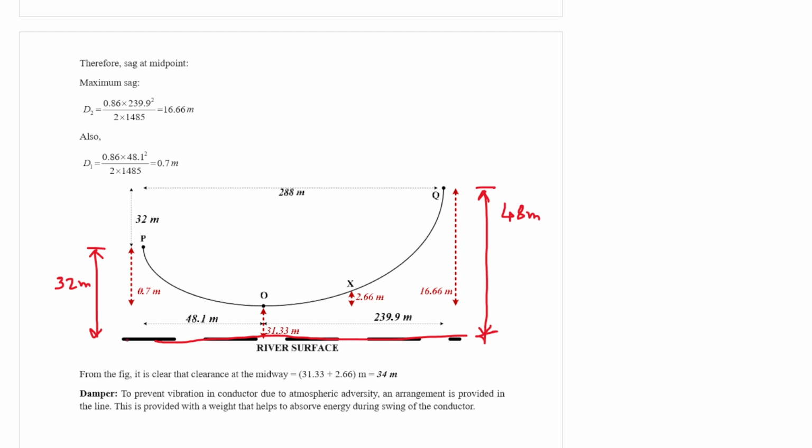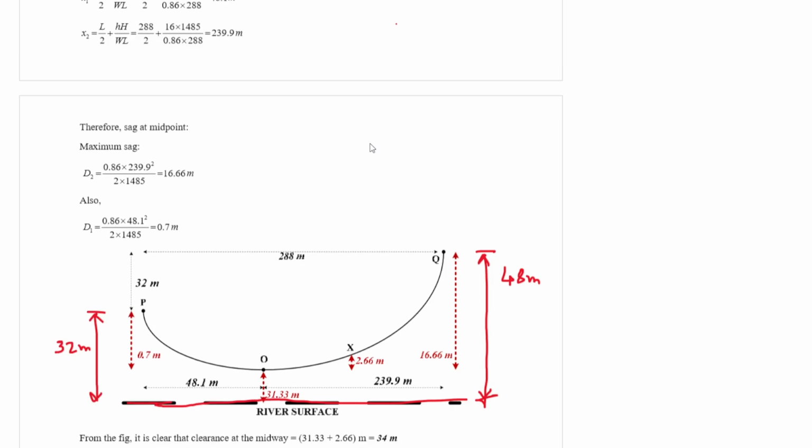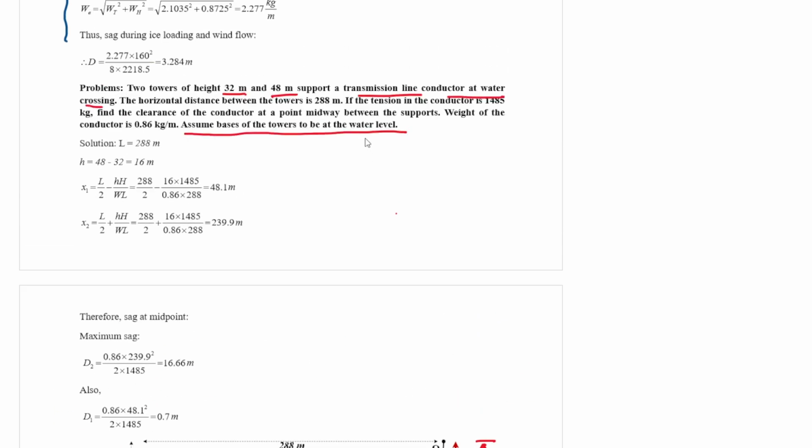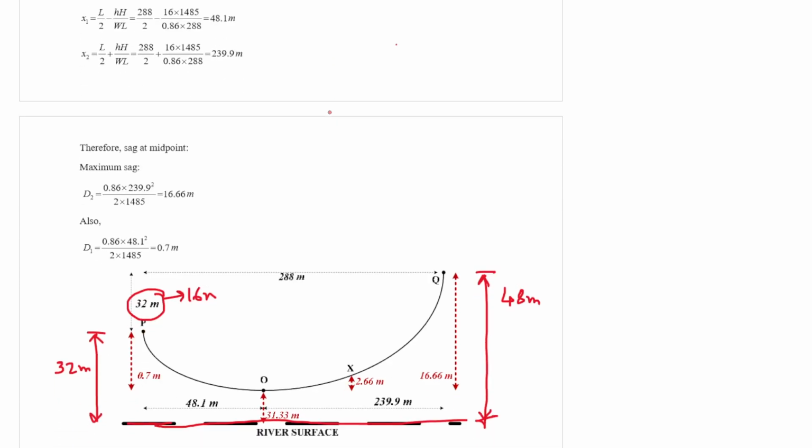This is the water base, so the height of the tower is 32 meter. So this distance is not 32 meter, I think it is 16 meter. So the difference. Now the horizontal distance between the towers is 288 meter. So this distance is 288 meter.